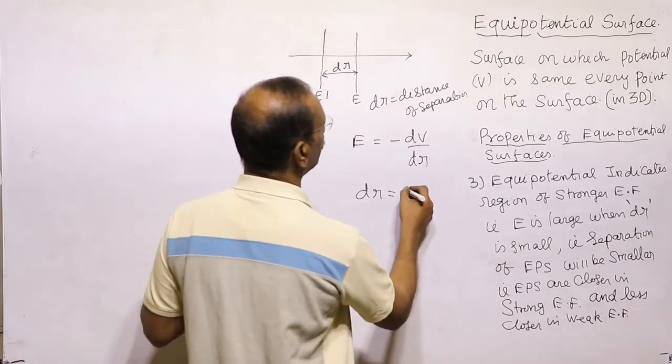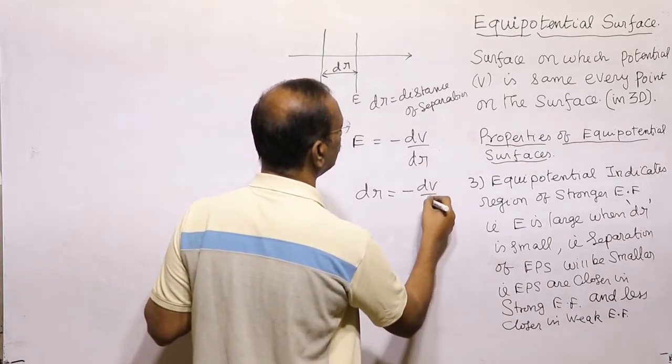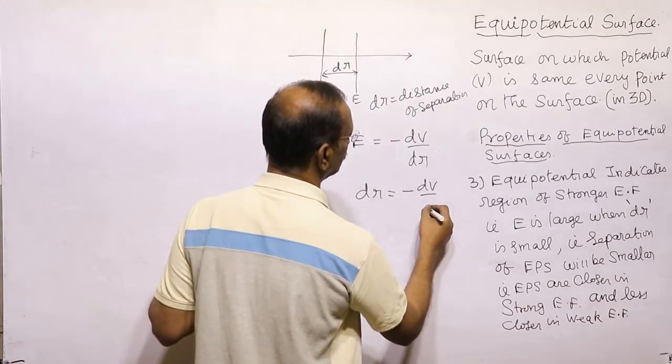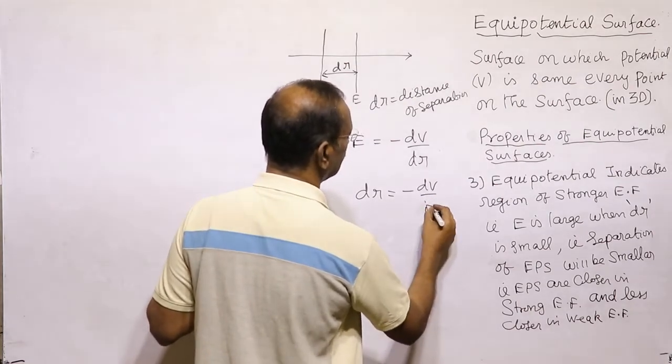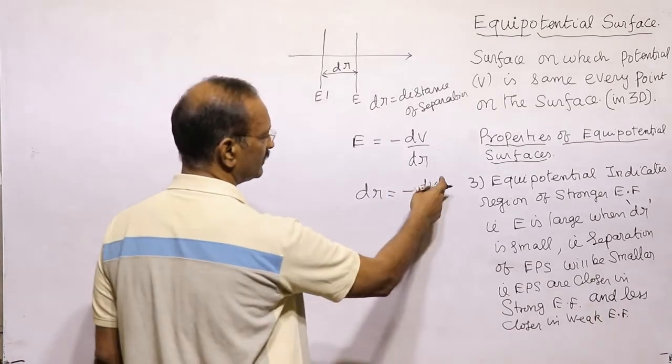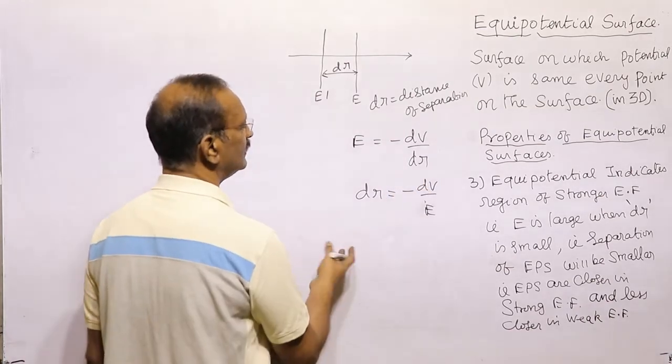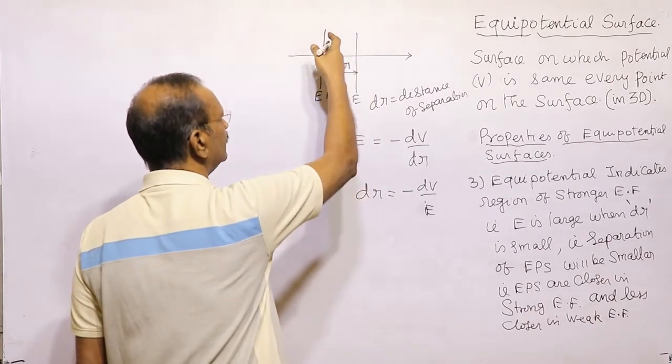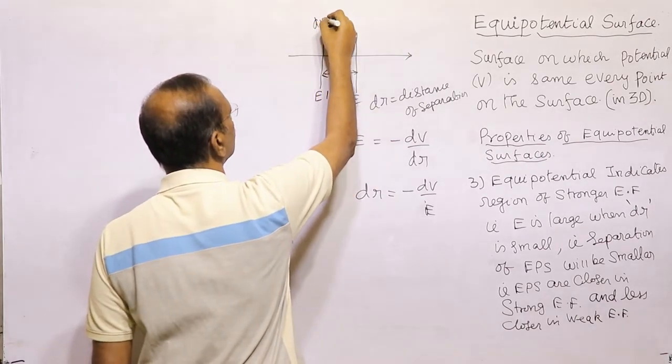Dr is equal to minus dV by E, and since dV is constant, because change in potential is equal to 0, the potential at each surface, dV is equal to 0.